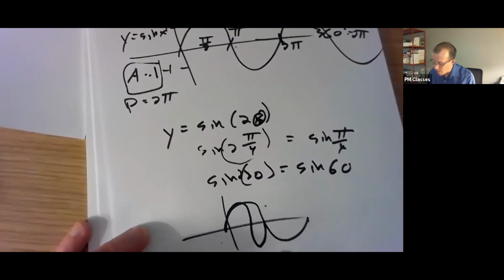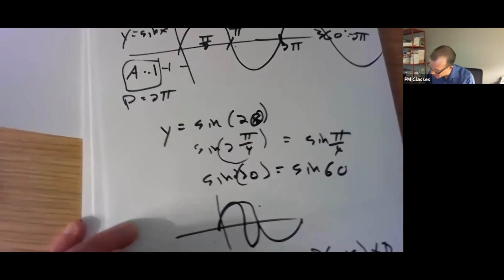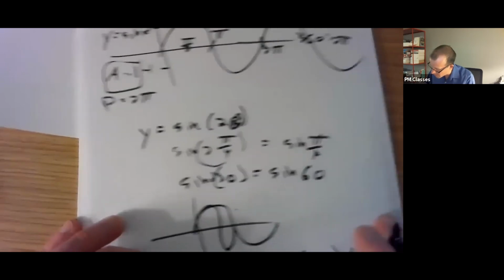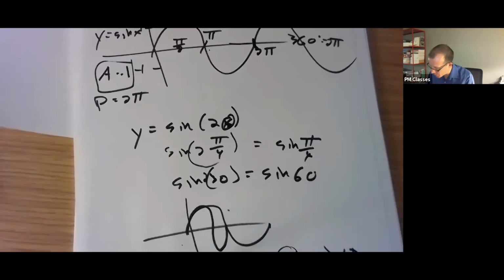So y equals a sine bx plus c plus d. This is the amplitude, how high or how low. The period, how long it takes to repeat, is 2 pi, a regular period, divided by a number. If there's just a 1 there, then the period is 2 pi.